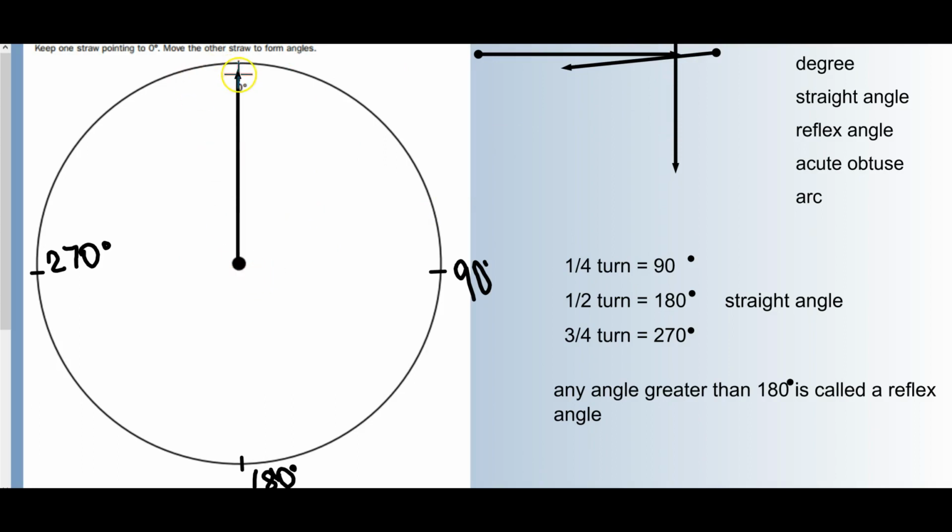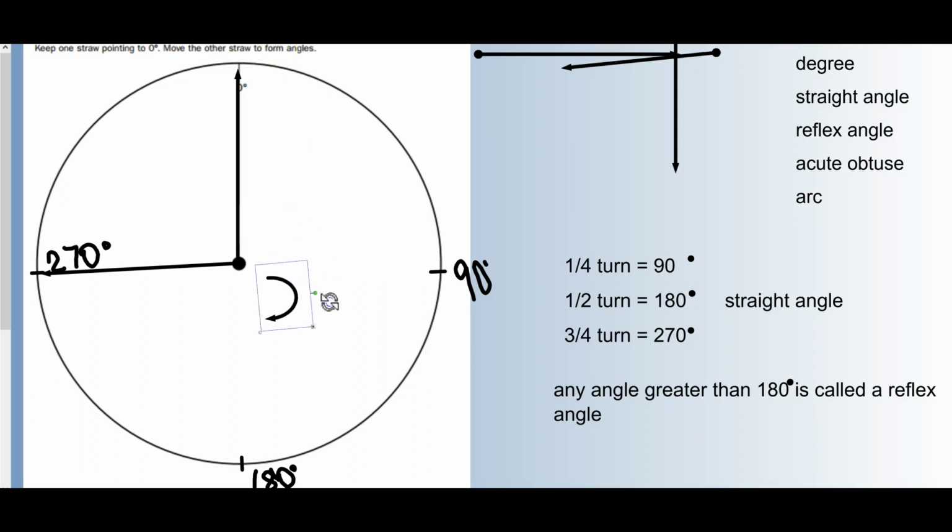If my angle started here and went all the way around this way, this is where my arc would be to show the way my angle's going.